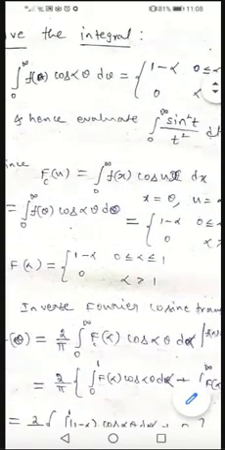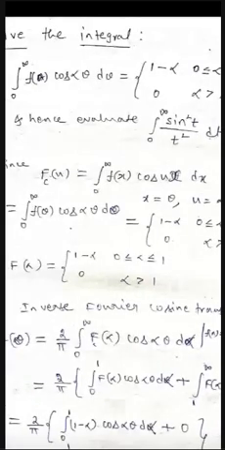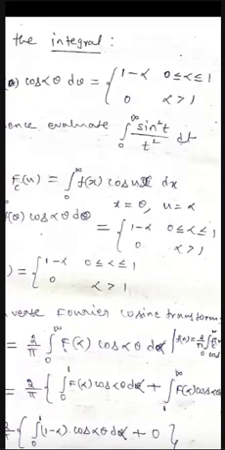So that is the Fourier cosine transform formula we have. Now what you have to do? You have to convert it into the given problem as it is. To convert that, in the place of u, I am going to substitute alpha, and in the place of x, I am going to substitute theta.